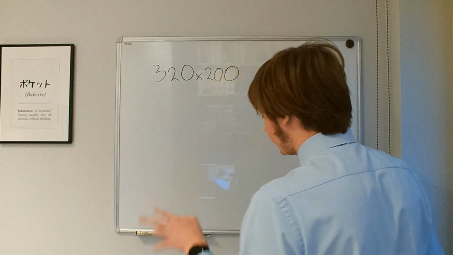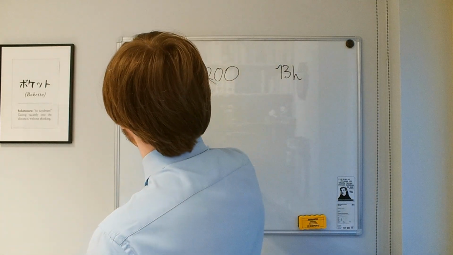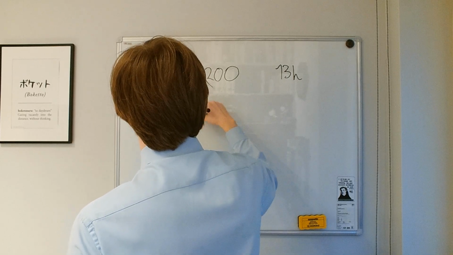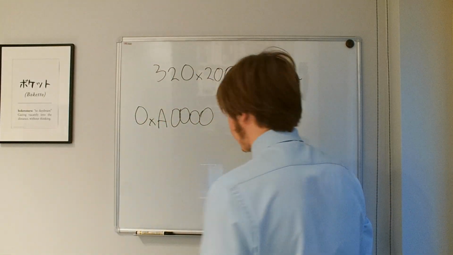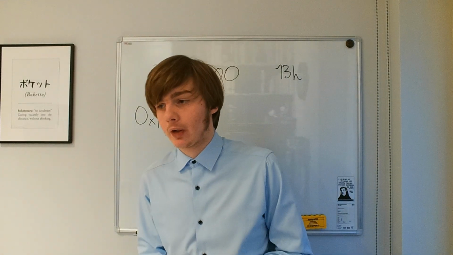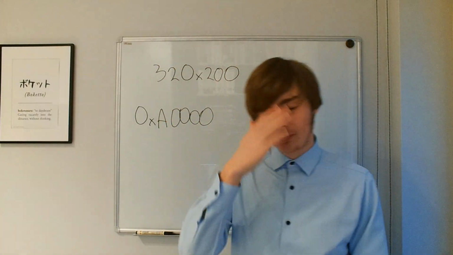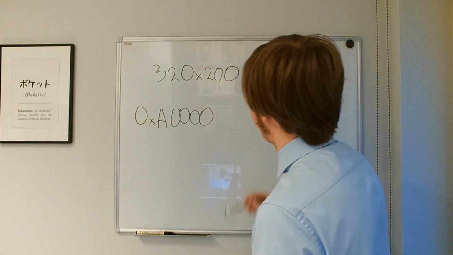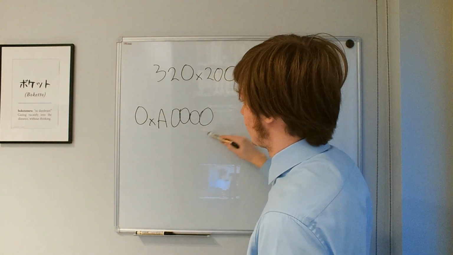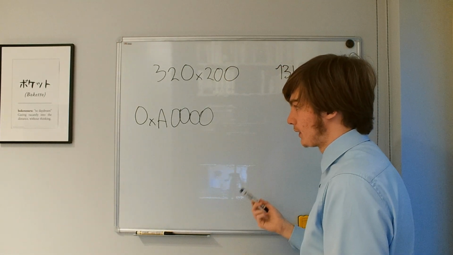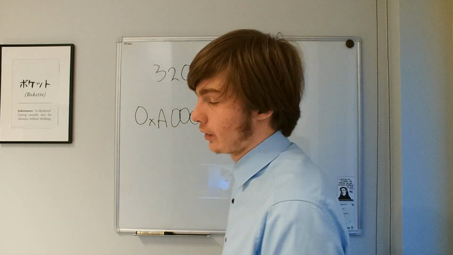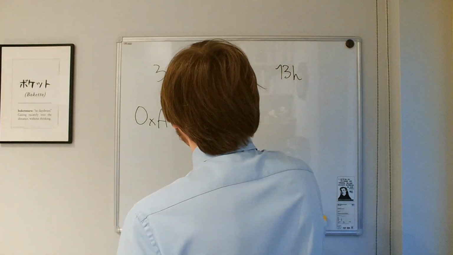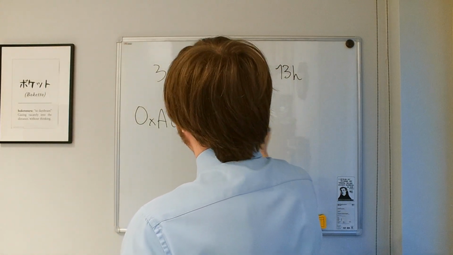So this standard mode has a regular frame buffer base address, just like the text mode had B8000 for 80 by 25 characters. This mode has its base address of the frame buffer at A0000.